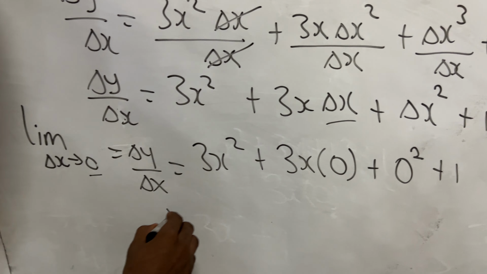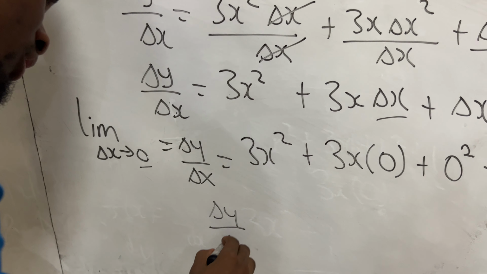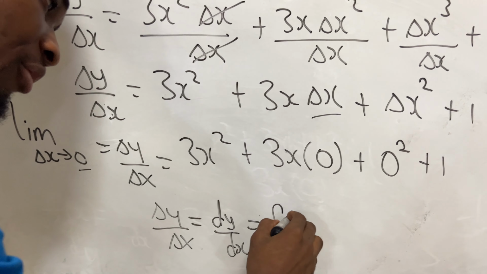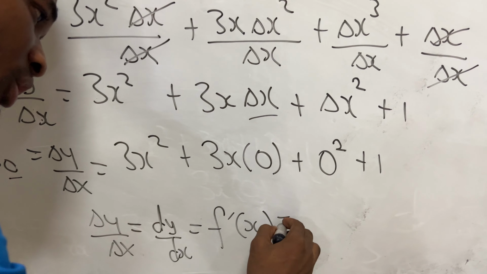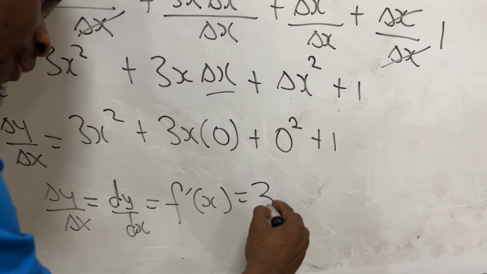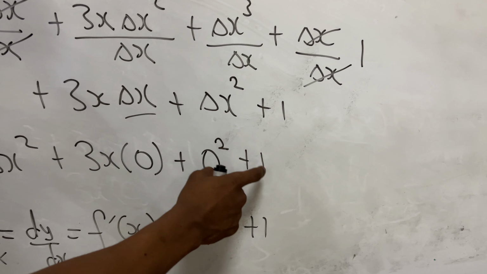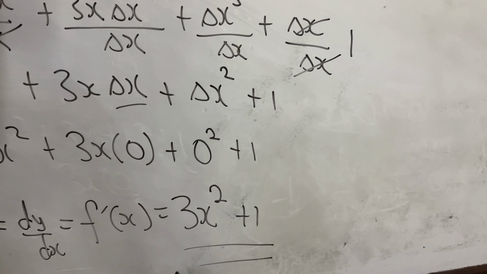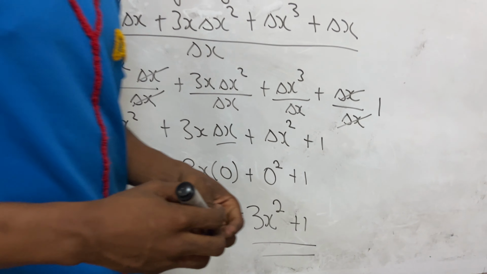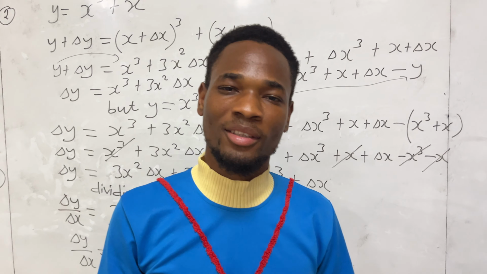So finally my change in y over change in x, which is the same as my dy over my dx, which is the same as f prime of x, is equal to 3x squared plus 1, but all this will go to 0, 0, and 0. So this is it. It's very simple.